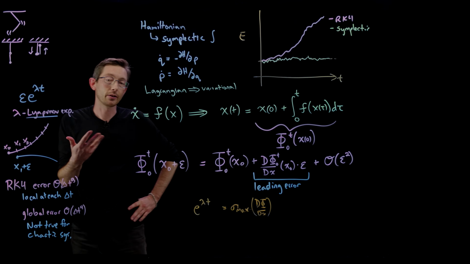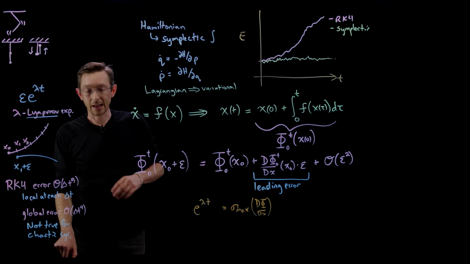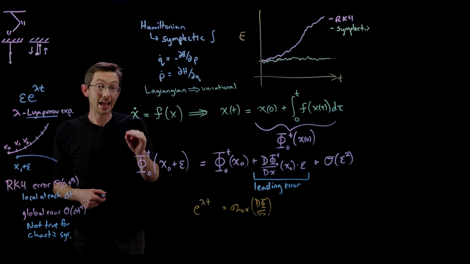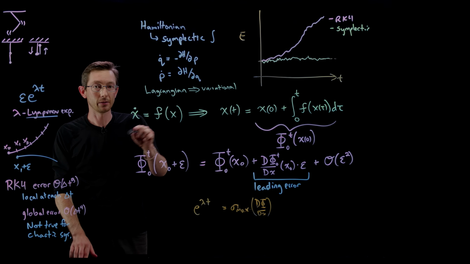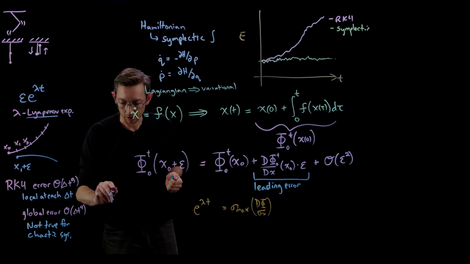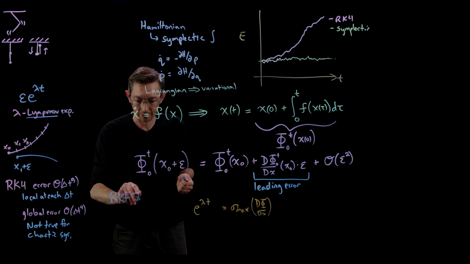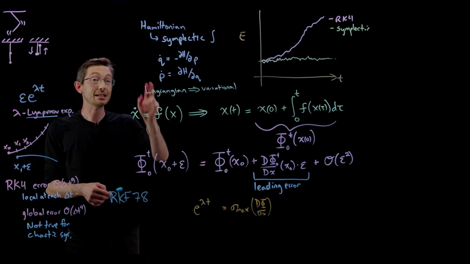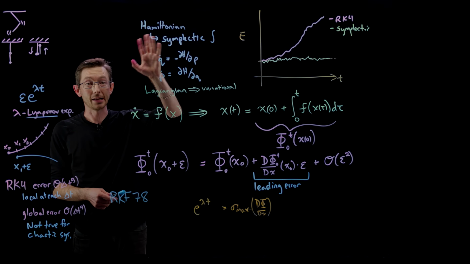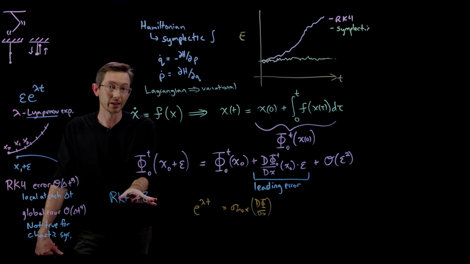Now it turns out, kind of a fun happenstance, that an RK78 integrator, this is sometimes called the RKF, the Runge-Kutta-Fehlberg 7-8, RKF78. It turns out that RKF78 is nearly symplectic for lots of problems, and so it's actually an amazing integrator.